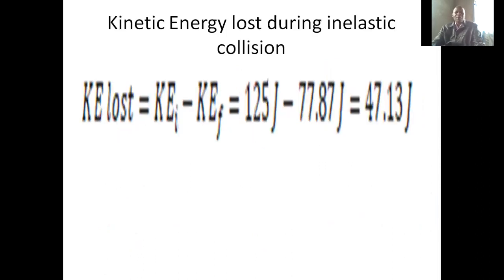And so the kinetic energy here has been lost, from 125 joules to 77.87 joules. Therefore we can determine how much energy has been lost. We can merely subtract the final kinetic energy from the initial kinetic energy, which is 125 joules minus 77.87 joules, which gives us 47.13 joules.